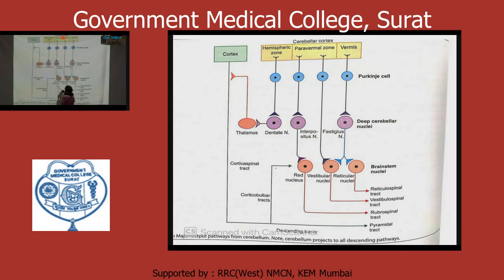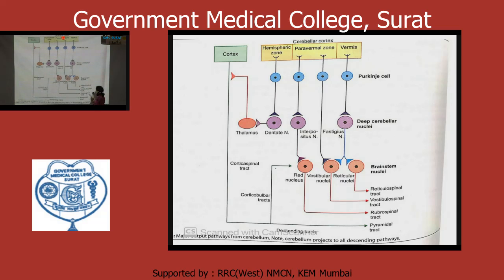Now, from the red nucleus, these impulses are conveyed to the various descending extrapyramidal tracts. That is reticulospinal tract, vestibulospinal tract, rubrospinal tract, and the pyramidal.